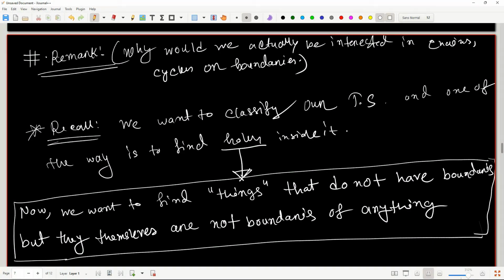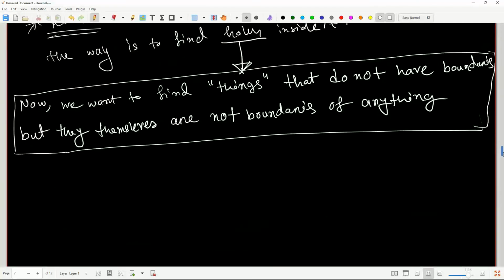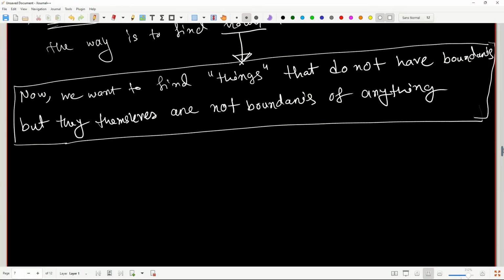So we want to find things that themselves have no boundary, but at the same time they are not boundaries of anything else. Okay, that's what our goal is from the very beginning. And to find those things, we developed all these simplexes, chains, boundaries, boundary operator. That's why we did all those things to come to this point.